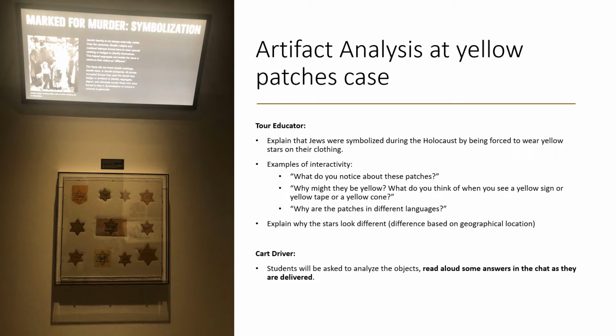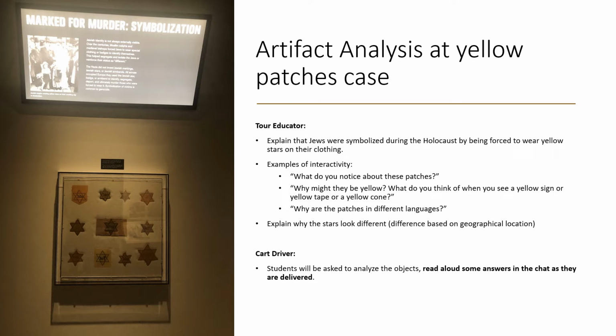Ask them, why do you think the patches are in different languages? What does this tell you about Germany? What does this tell you about the countries that speak these languages? And then explain that the stars look different because they're based in different geographical locations. It points to a couple of different facts, but one being that the Holocaust does not just take place in Germany.